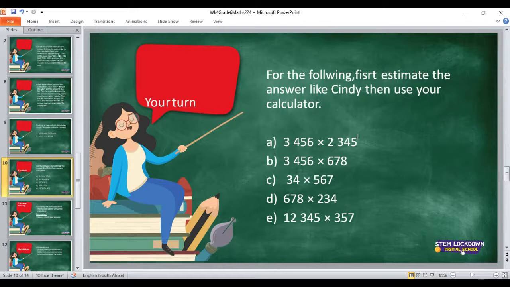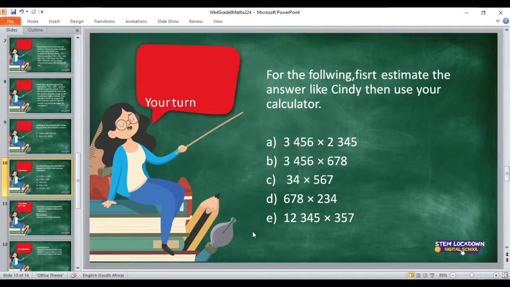First estimate and then write your answer. I hope we have our calculators in front of us. You first estimate and then you write your answer. Please do write on the chat box so that I can be able to see your answers.